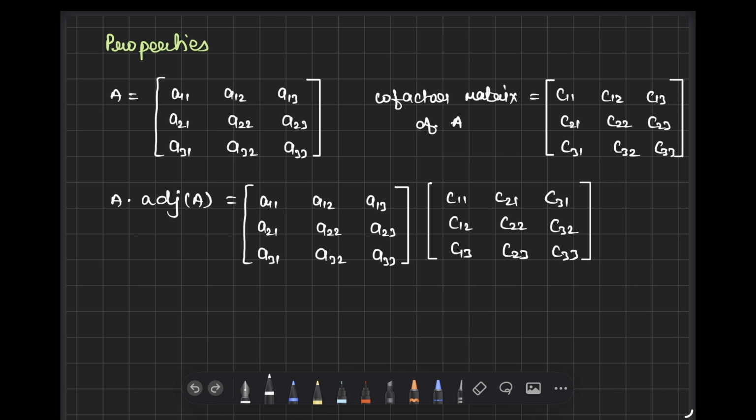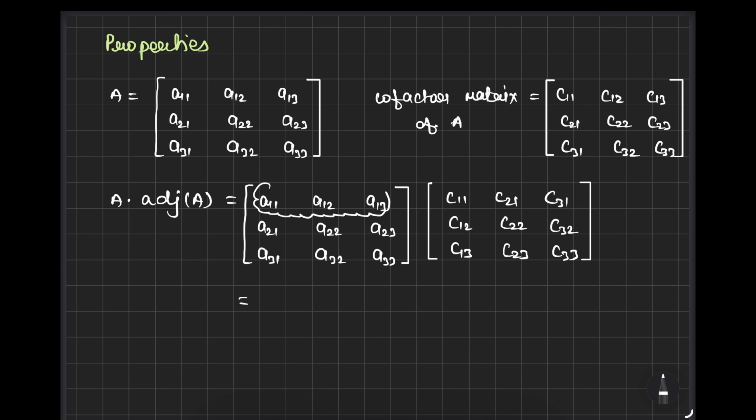Okay. So we got our A times adjoint of A. Now try to understand what we will get in this part. You know that if we multiply the elements of a matrix with their corresponding cofactors, look at this. First we will multiply this with this, meaning A11 with C11 plus A12 with C12 plus A13 into C13.